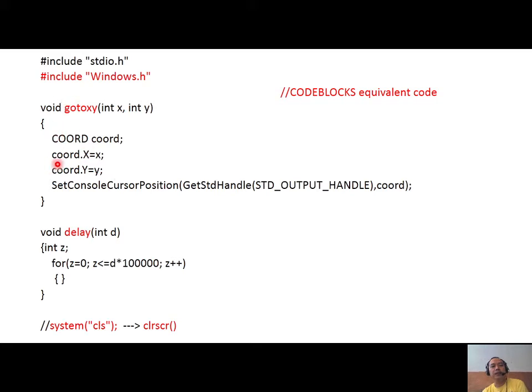So you have to copy this one, as well as the delay function with this for loop. In this delay function, we're actually idling the system. It doesn't do anything.